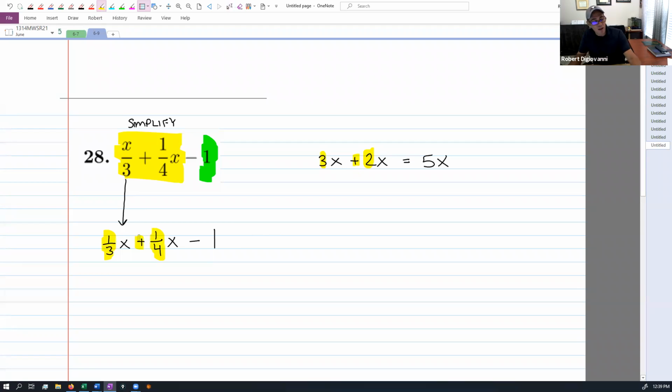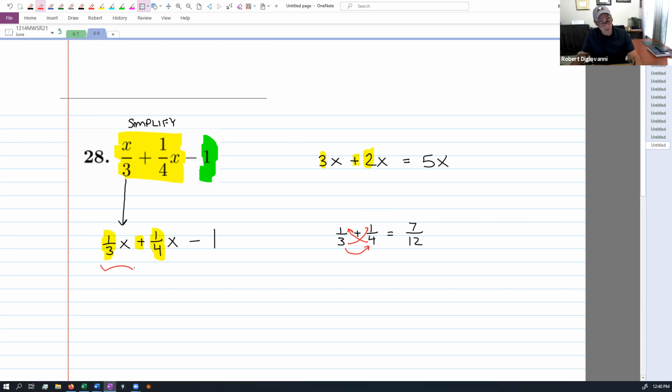And I'm going to do that on the side. So I'm going to take 1/3, I'm going to add 1/4, and this will become 7/12. Now, how did I get 7/12? 4 times 1, 3 times 1, added those together to give me 7, and then multiply 3 times 4. So that's stuff we covered from previous classes, right? Adding two fractions.